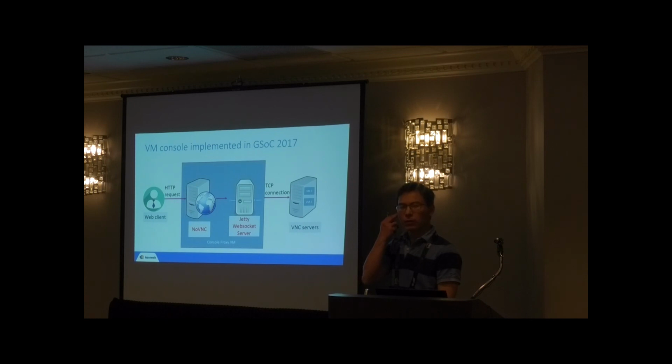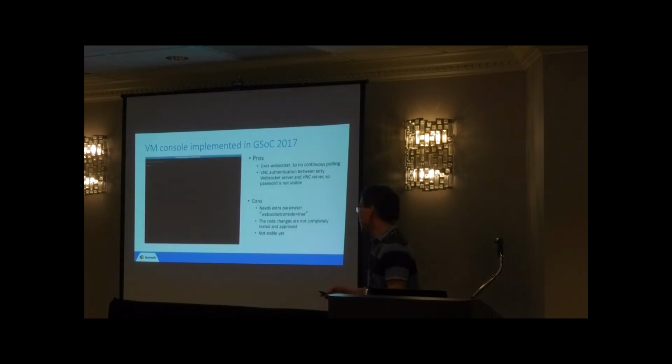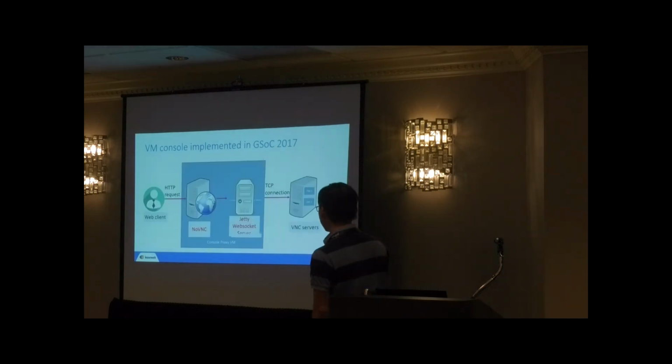Is there any way to not have the host and port in that URL? Because basically you're telling the end user what the internal IP address of my host is.